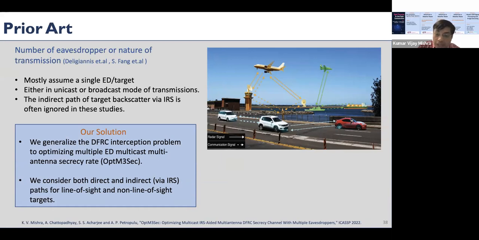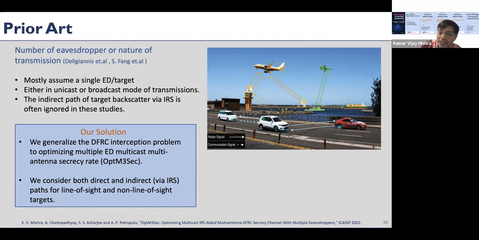So in this work, which appeared in this year's ICASSP, we look into the multicast case with multiple antennas. So this is MIMO DFRC or MRMC. And we also look into multiple eavesdroppers.